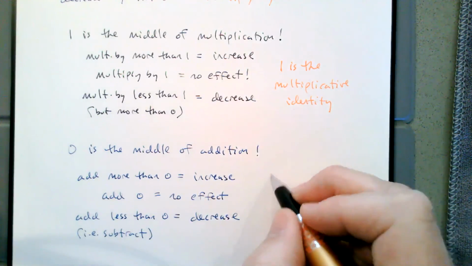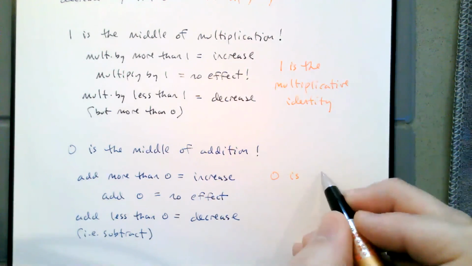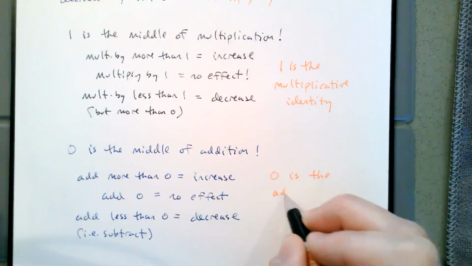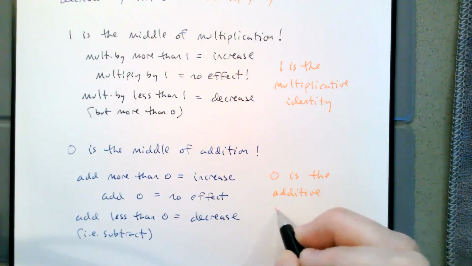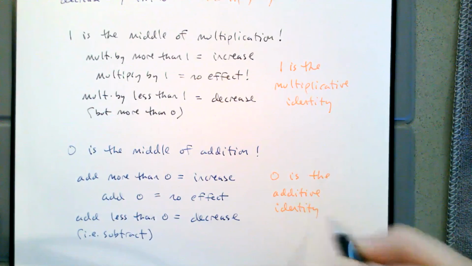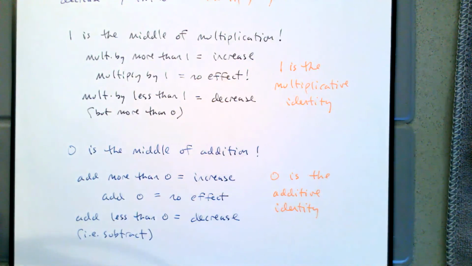And then we want to say that 0 is the additive identity, because when we add 0, nothing happens. When we identify some kind of operation, sometimes we like to identify what the identity for that operation is. That is, what value doesn't do anything under that operation.